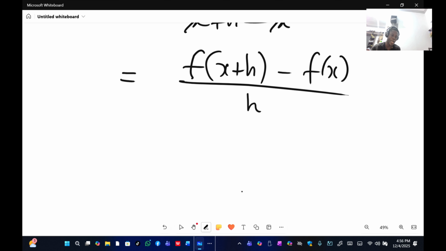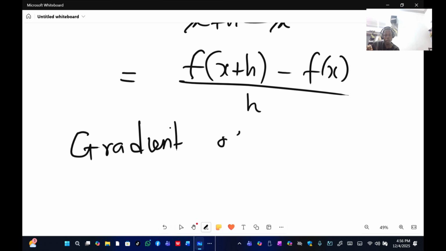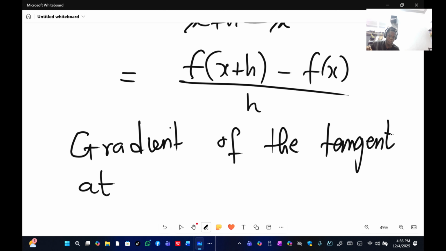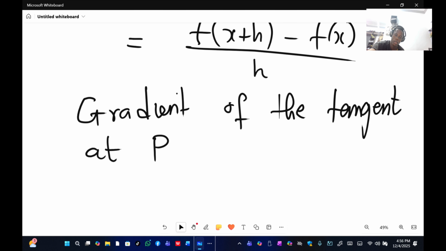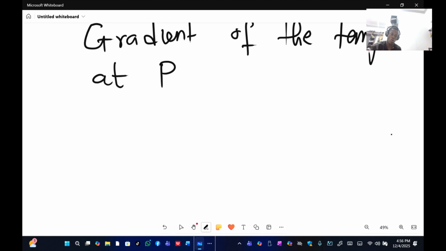So now we are finding the gradient of the same tangent, but now we want to get it at a particular point. That is the point where it cuts the graph. So it's going to be gradient of the tangent at P. Gradient of the tangent at P will be equal to the limit of what you have gotten.